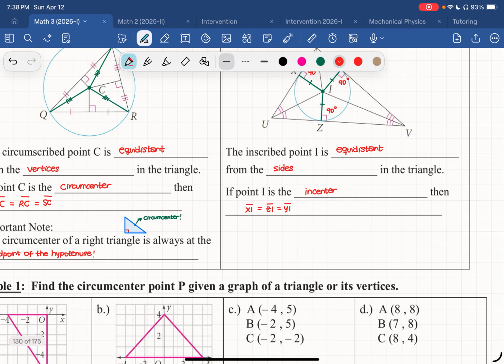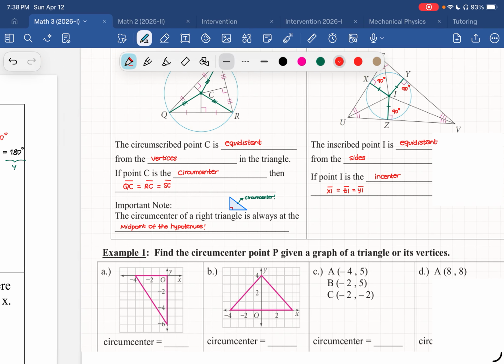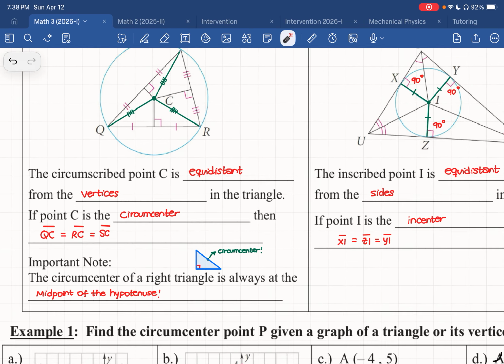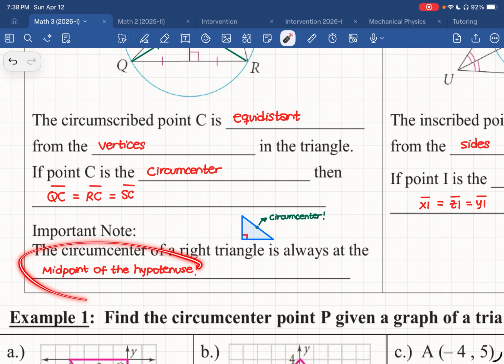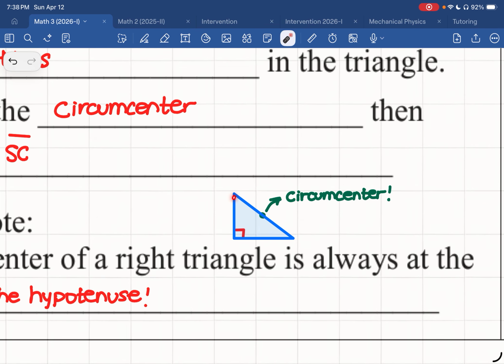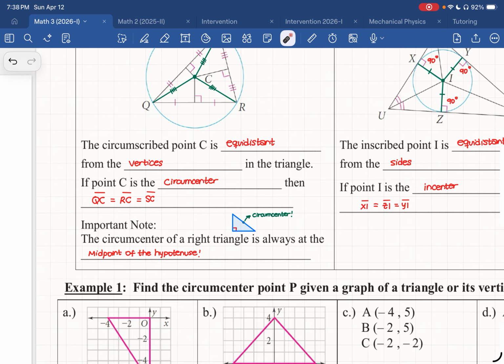Okay, so do you remember, guys, that in the previous theorem, which is this one, I talked about this important note that says the circumcenter of a right triangle is always at the midpoint of the hypotenuse. So the hypotenuse is this one, the midpoint is just half of the distance, right? So what is the formula of the midpoint?